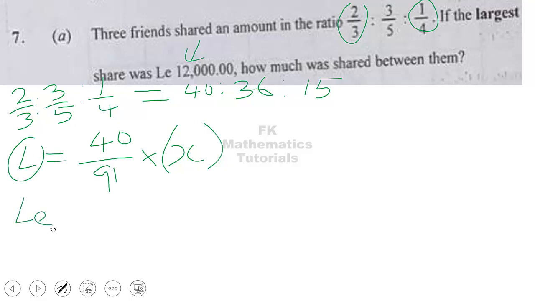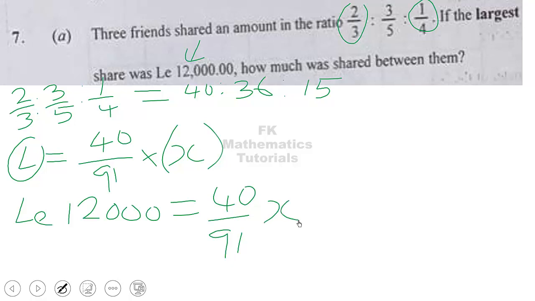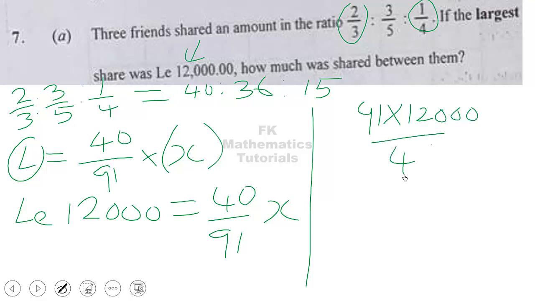So 12,000 is equal to 40 over 91 x. So you cross multiply to get 91 times 12,000 over 40 is equal to x.